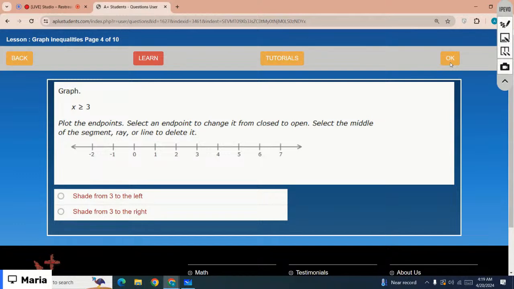Graph x is greater than or equal to 3, which is the correct option. x is greater than or equal to 3 means you have to shade from 3 to the right. I got it.